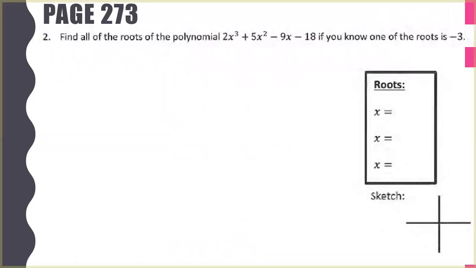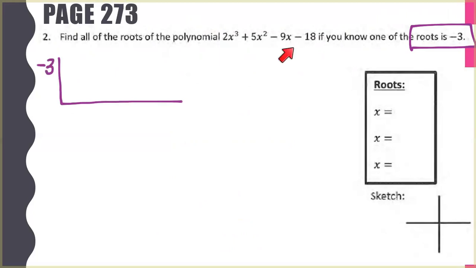So for example 2, they already gave us the root, so we don't need to set it equal to 0. So when I make my bracket, I have -3 on the outside, and then I'm only listing the numbers. So that would be a 2, a 5, a -9, and a -18.